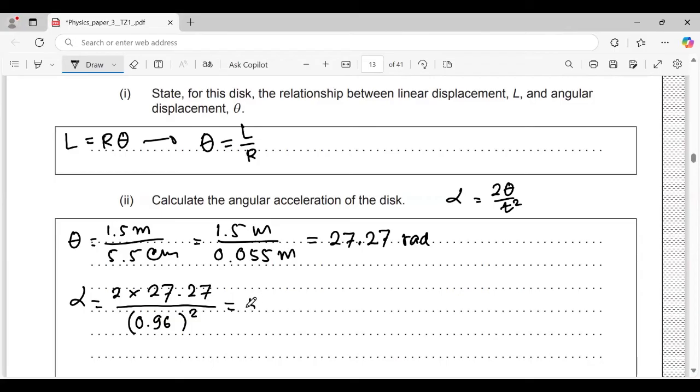If you calculate, the result is 59.186, rounded to 59, and the unit is radian per second squared.